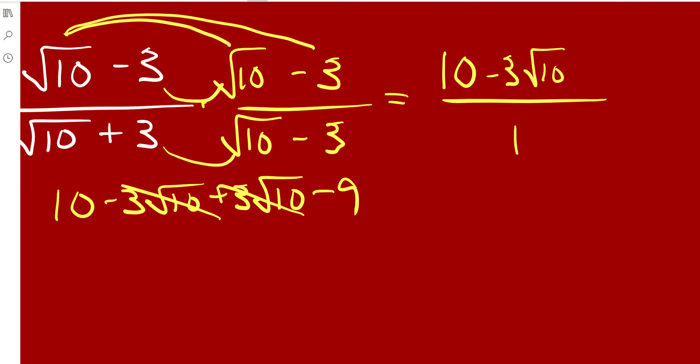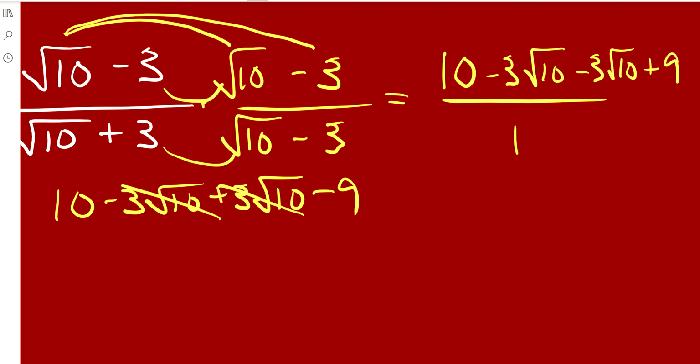Inside is the same thing: negative 3 times the square root of 10 is negative 3 root 10. Okay, that's different. I've got a middle term now. And lastly, I've got negative 3 times negative 3, which is positive 9.